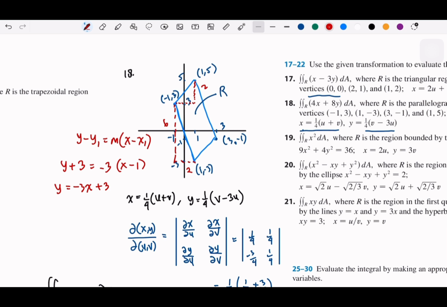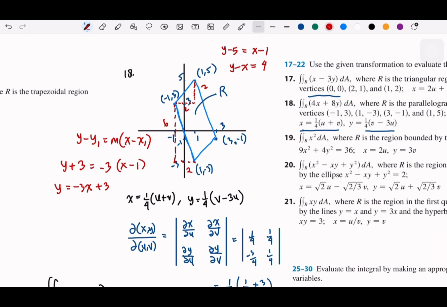Either way, I think there is a better approach. This slope is 1, so y minus 5 equals x minus 1. So y minus x is plus 5, so 4, right? Okay.